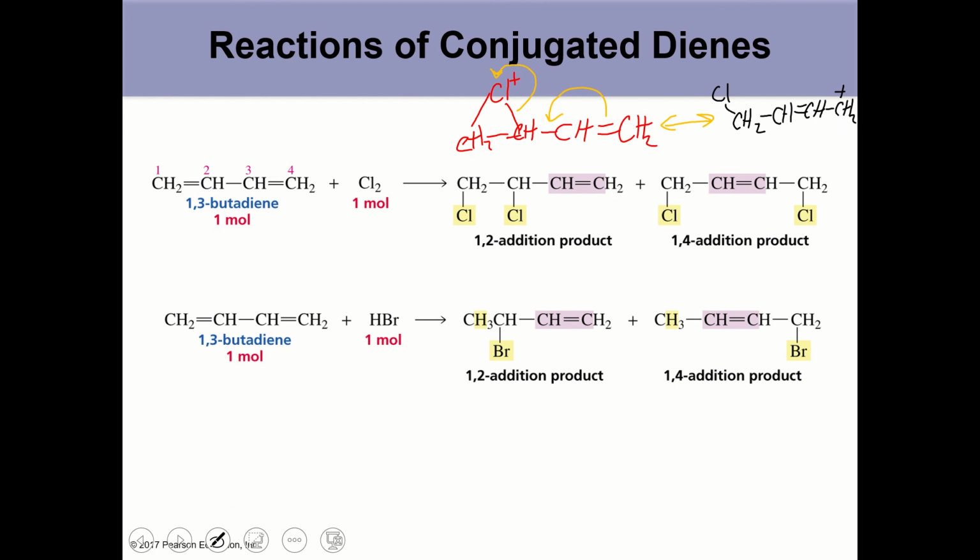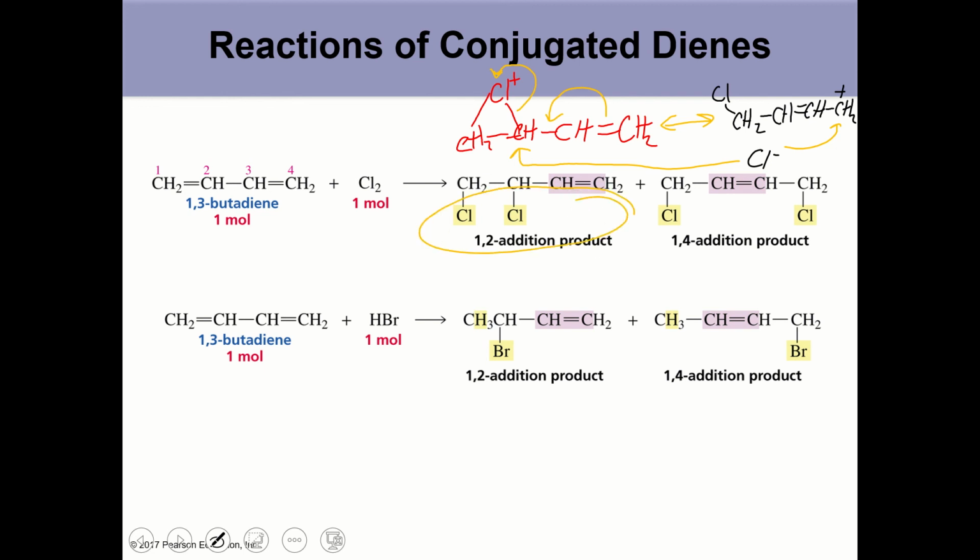Then as the second molecule of chloride reacts, the one that's generated when the pi bond adds the first chlorine, it can add to the cation at carbon 1, or it could add to the halonium ion carbon. We could get either reaction, and that's how we produce our two products.